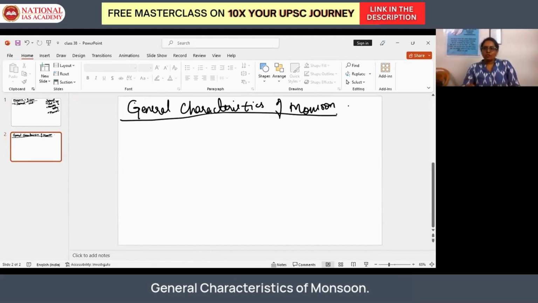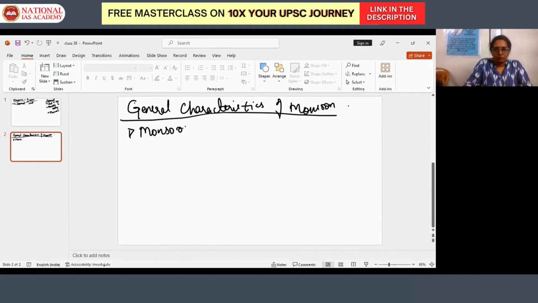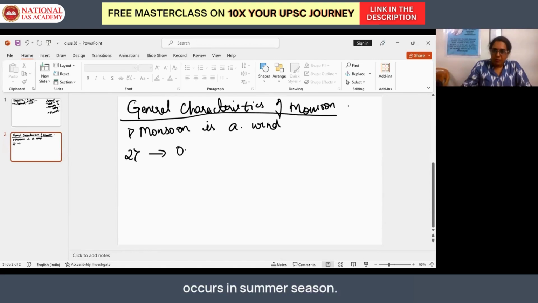General characteristics of monsoon. So first point is monsoon is a wind. Next, it occurs in summer season.